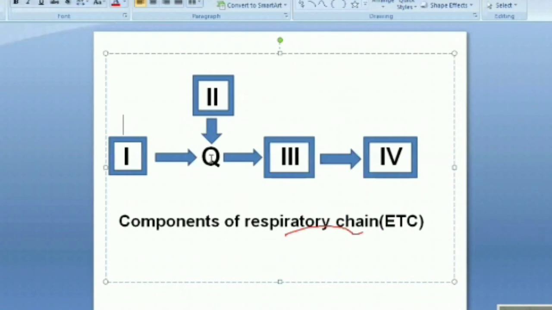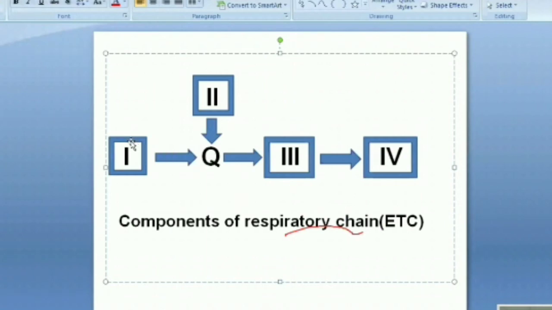That means coenzyme Q is almost snatching the electron from complex 1. The same thing happens from complex 2 to coenzyme Q.